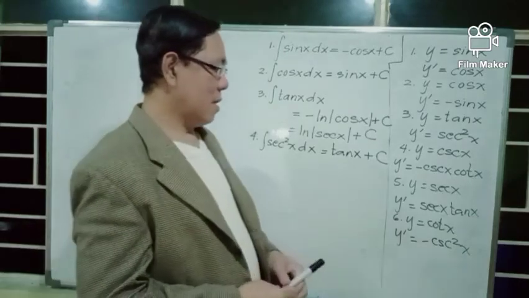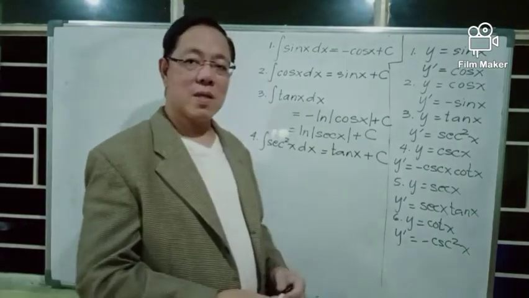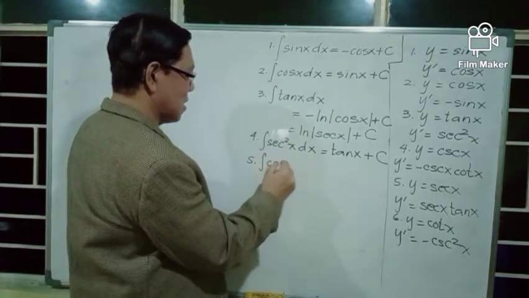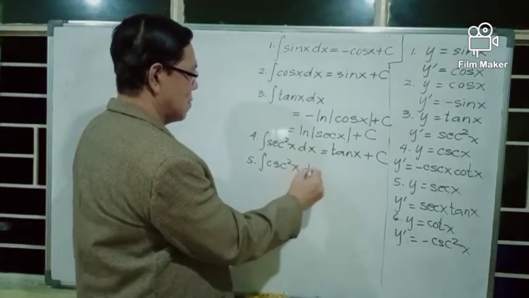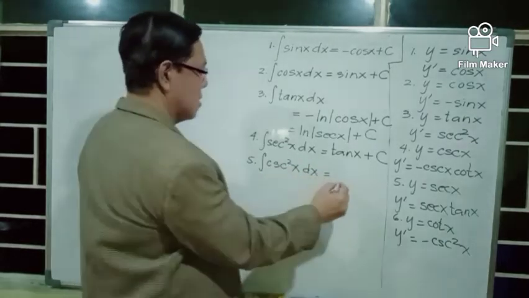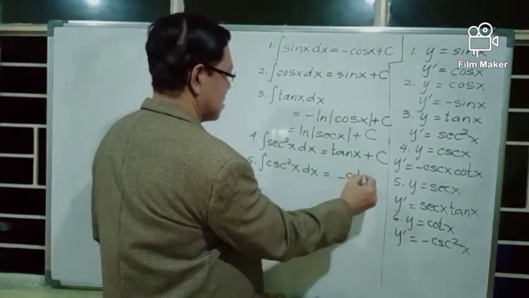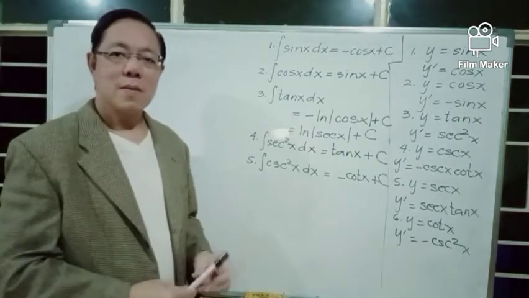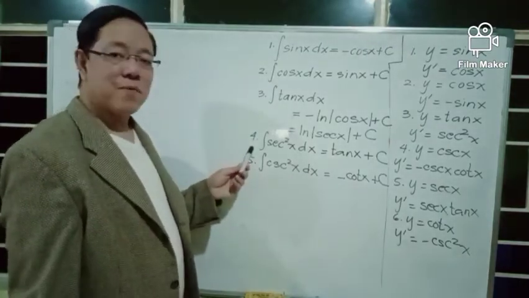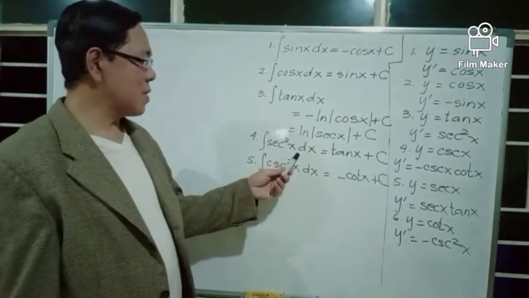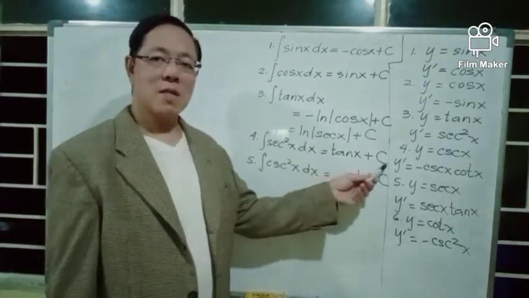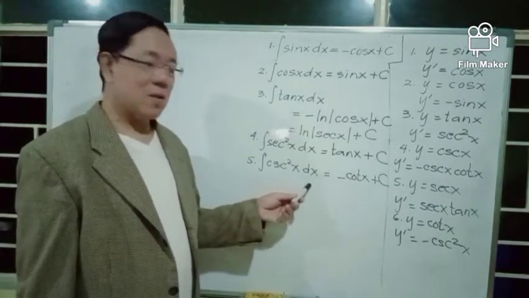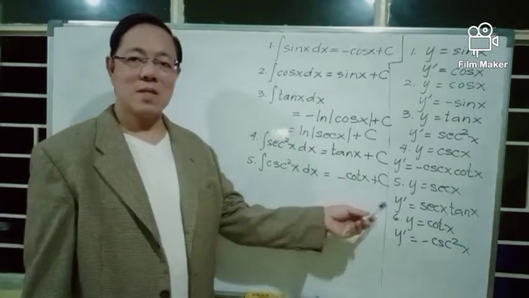Next, we write the integral of cosecant squared x with respect to x, which is negative cotangent x plus c. In number 4, we have the integral of secant squared x with respect to x equals tangent x plus c. And the integral of cosecant squared x with respect to x equals negative cotangent x plus c.